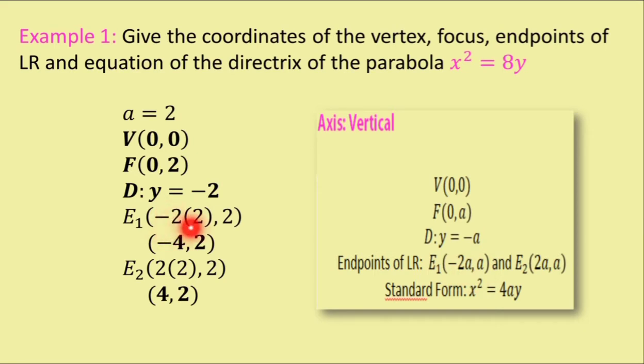Since a is 2, negative 2 times 2 is negative 4, and then a, 2. And for endpoint 2, we have 2a, a. So 2 times 2 is 4, and then a is 2. And then we have the standard form, which is x squared equals 8y.